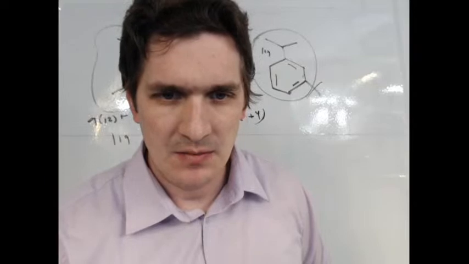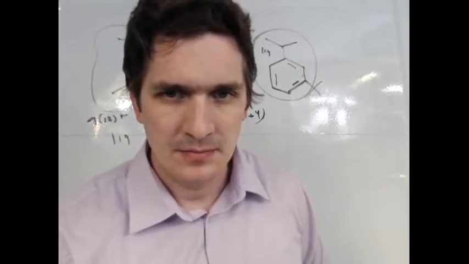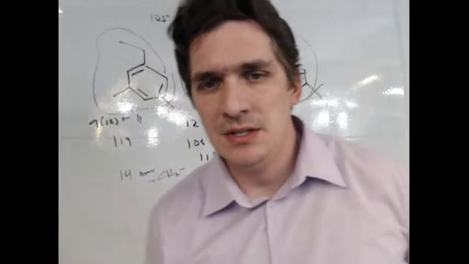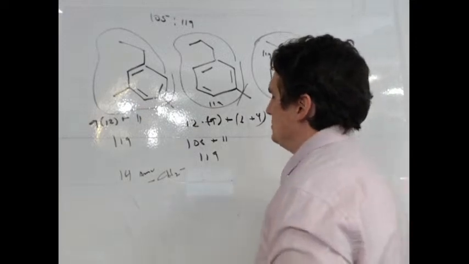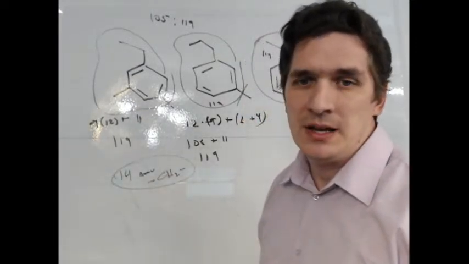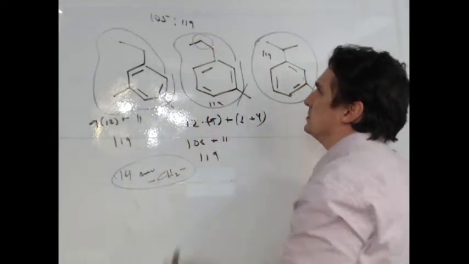And that would be compound B. So let's see if that's right. So this difference of 14 AMUs would correspond to having a CH2 group that could be removed. And there's only one compound in here that has a CH2 group.